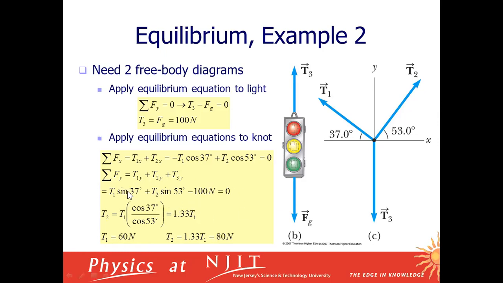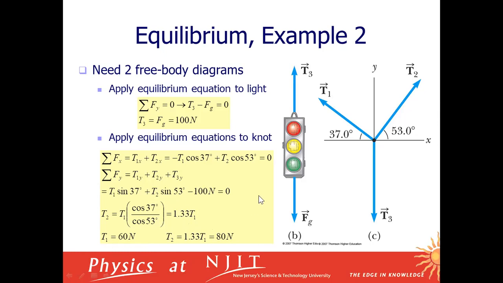Further simplifying the following terms, T2 gives us T1 multiplied with cosine 37 degrees all over cosine 53 degrees, or simplifying the whole terms gives us 1.33 of T1. Now substituting the values gives us T1 is equal to 16 newtons, and then T2 is equal to 1.33 multiplied with 16 newtons gives us 80 newtons.